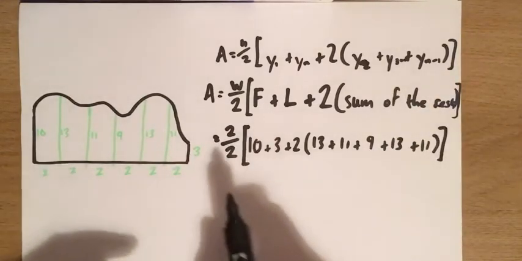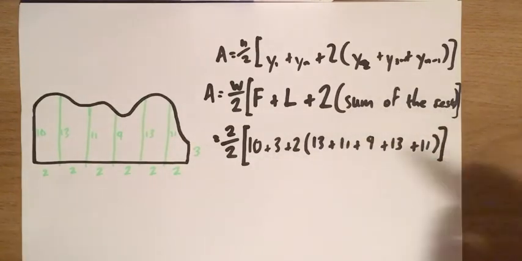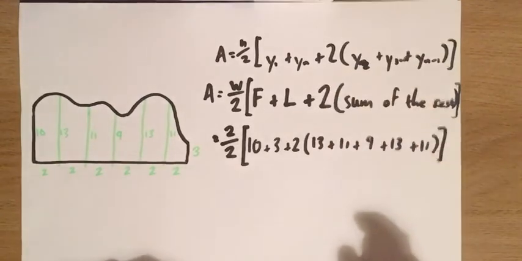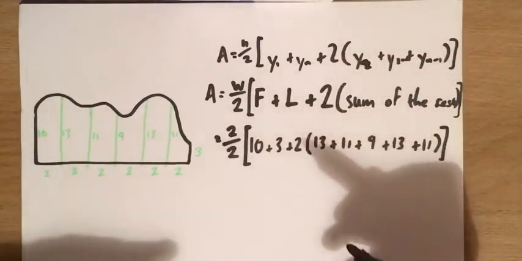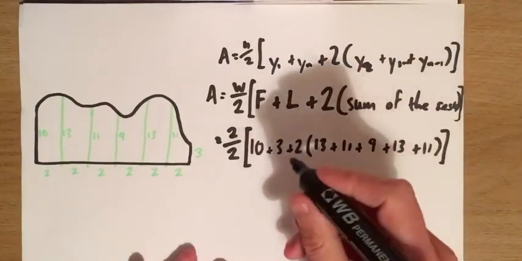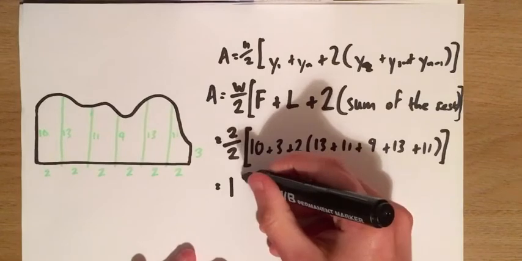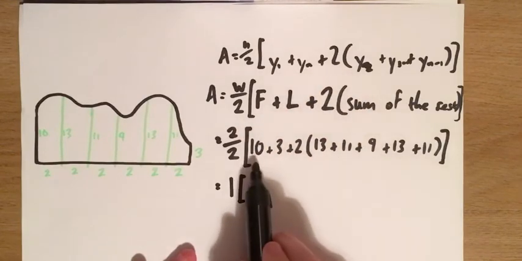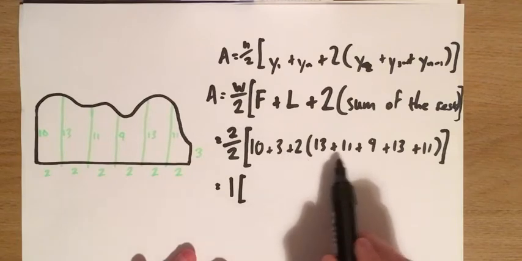All right, if you plug that exactly into the calculator, it will give you the area of the shape. I'm going to work through it in a couple of steps, but if you plug that in correctly, and just be careful doing it, it will give you the correct answer. So it's equal to 2 over 2 is just 1 times, now you've got 10 plus 3 plus 2 times all of this.